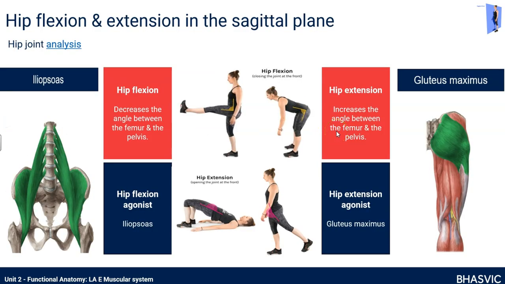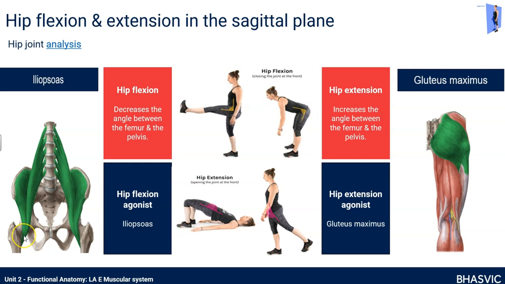So let's look at them pair by pair of movements. Hip flexion means at the hip joint the angle is reduced, and you can reduce that angle by either lifting your leg up or by lowering your trunk. In both cases the angle is reduced. Hip flexion is caused by one of the main hip flexors called iliopsoas.